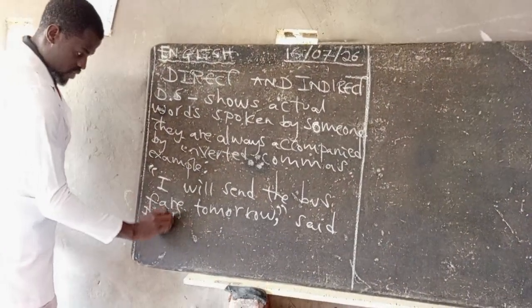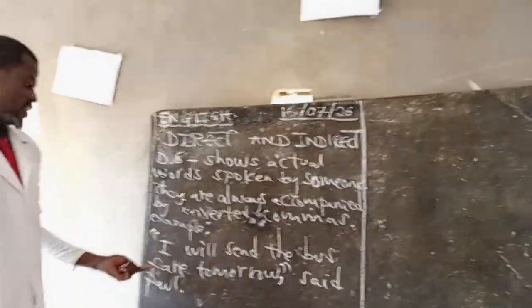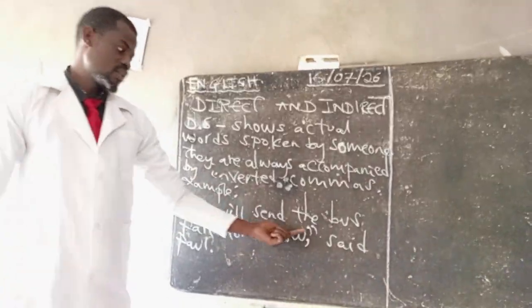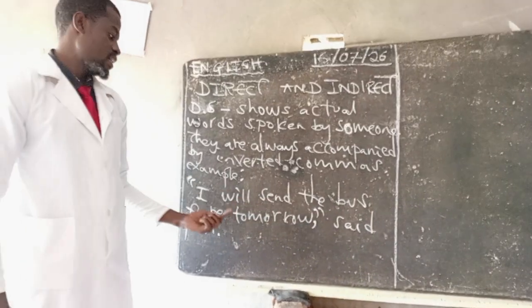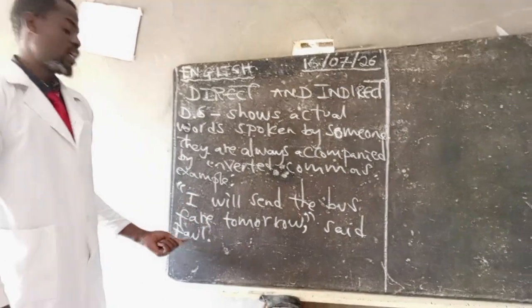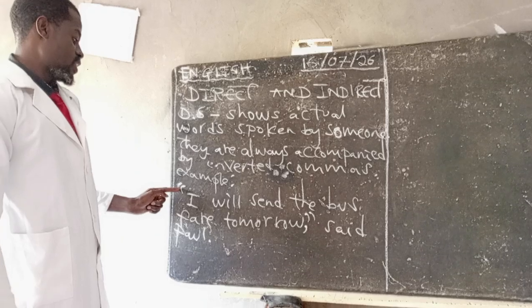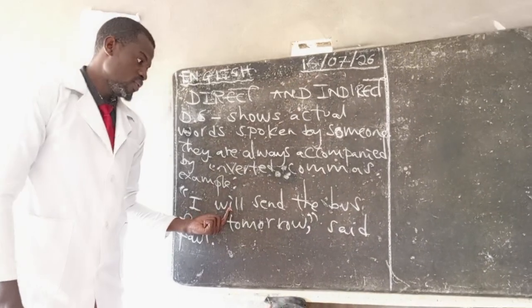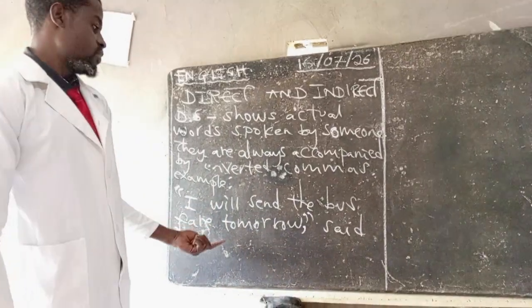As you can see, this is called the open inverted comma, and this is the closed inverted comma. These words in here are the actual words said. So no wonder I've put the inverted commas. Look at the tense that is being used: will. Look at the tense, tomorrow.